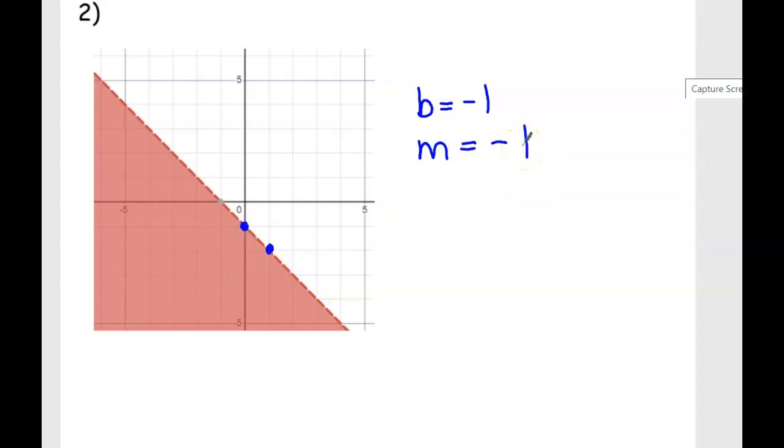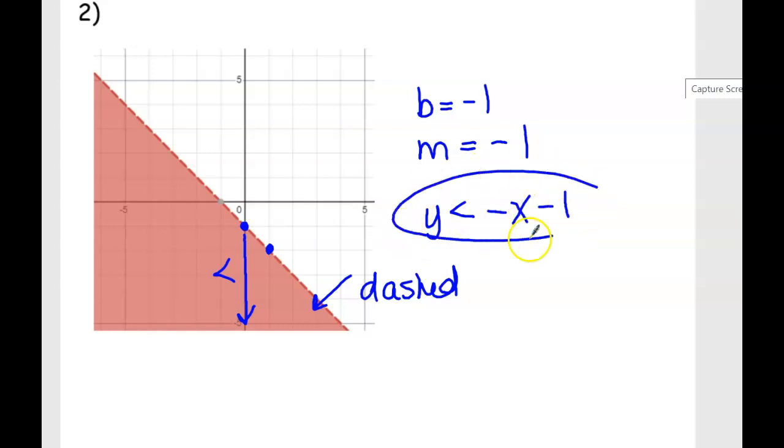All right, so in this case, our line is dashed, okay, so that means it's going to be either less than or greater than, okay, but let's look at our y values, and if you notice they are shaded below, so it's actually going to be less than. Okay, so let's put the pieces together in slope-intercept form. So y is going to be less than our slope, which is -1 or negative x minus 1. Okay, so there's our inequality.